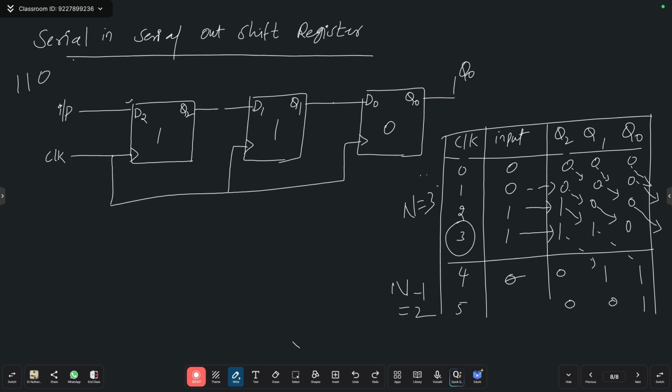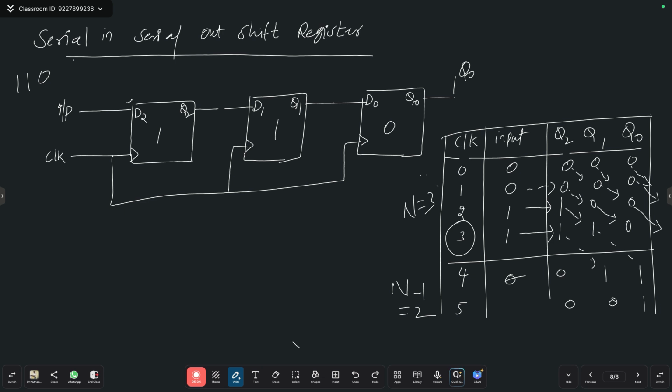So earlier, in serial in, parallel out, only 3 clock pulses are required to shift your 3 bits from your 3-bit shift register to the next device. But here, in serial in, serial out, after 3 clock pulses your bits have still only entered the register.